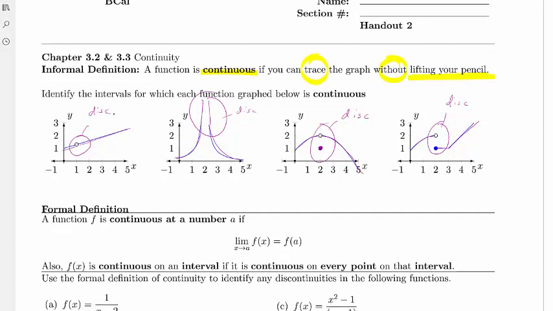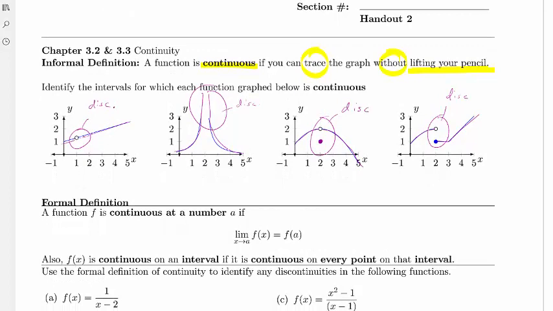Now let's move on to the formal definition. Now that we've got a feel for continuity, a function is continuous if we have the following relation. If we have a two-sided limit, right? Remember, we can only write this if we take the limit from either side and get the same result. And if we take the limit and get the same thing as if we had evaluated, then we have continuity.